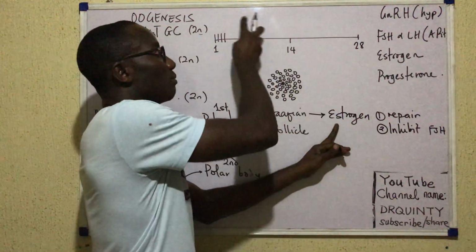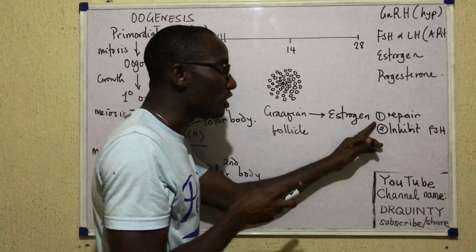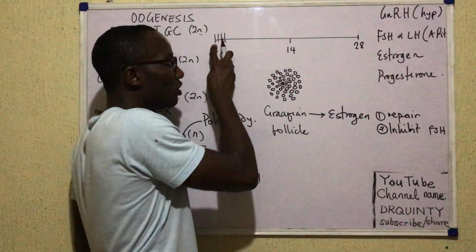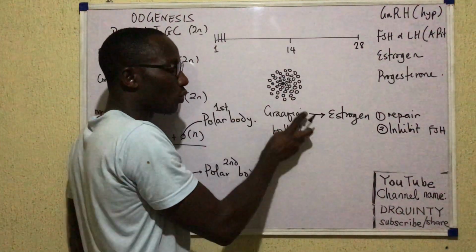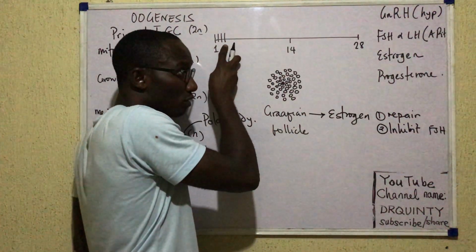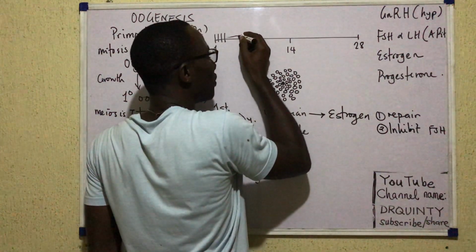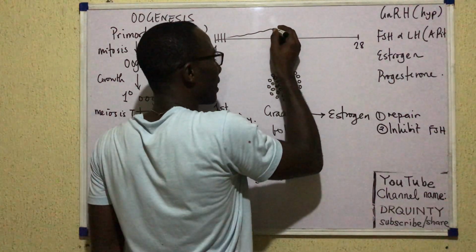So estrogen has blocked off FSH, and estrogen has started the repair of this wall. The wall was degenerated during this period. So estrogen begins the repair of the wall, and as the wall is being repaired, what happens to levels of estrogen? It will keep rising like that.